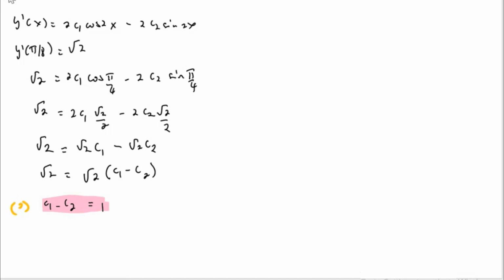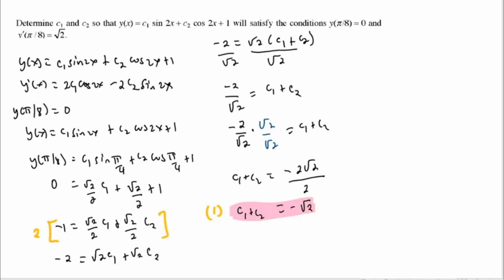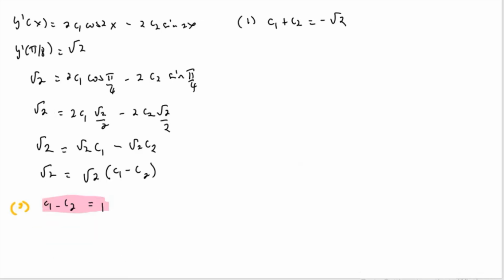So combining the first equation and the second equation, we have equation 1, c sub 1 plus c sub 2 equals negative square root of 2. Okay, that's correct. And we have the second equation now, c sub 1 minus c sub 2 is equal to 1. So by inspection, we can easily cancel the c sub 2.